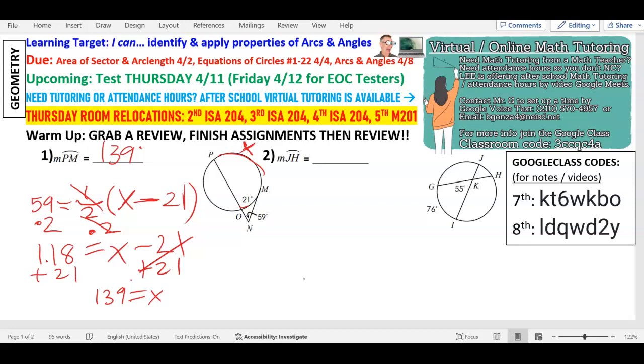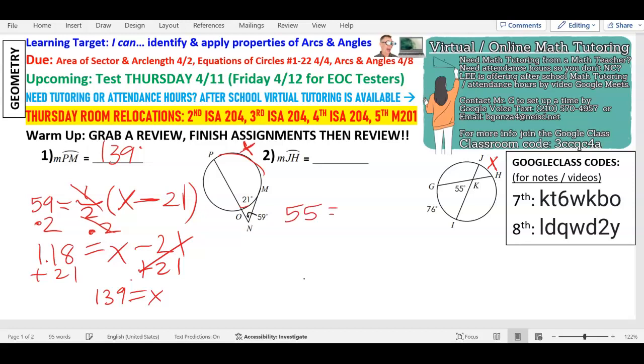Number 2 here. We're looking for JH. So I'm going to put a little X at JH, the arc. Just like last time, you have to start with the angle. I know we're tempted to always start with X, but in your equation, you start with the angle. Do y'all see the angle on the inside? It's not a central angle, it's just an angle on the inside. It's 55 degrees. Let's write that down.